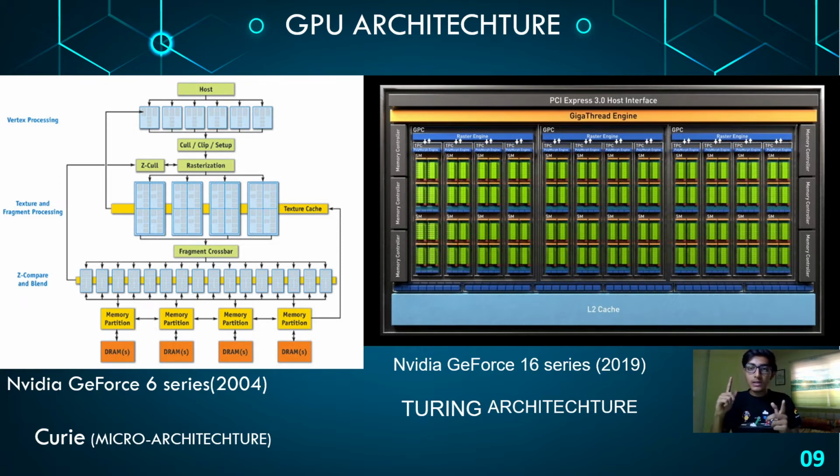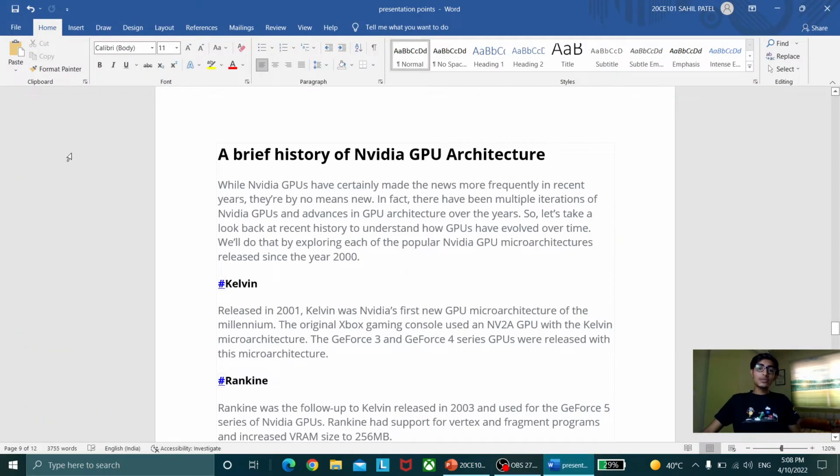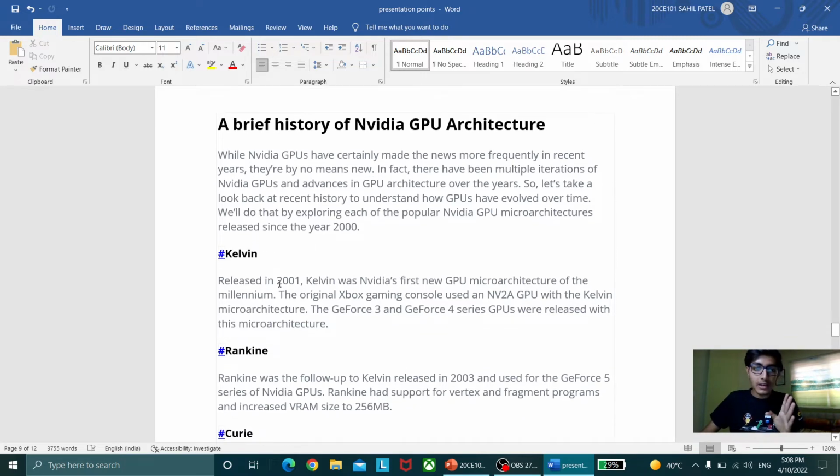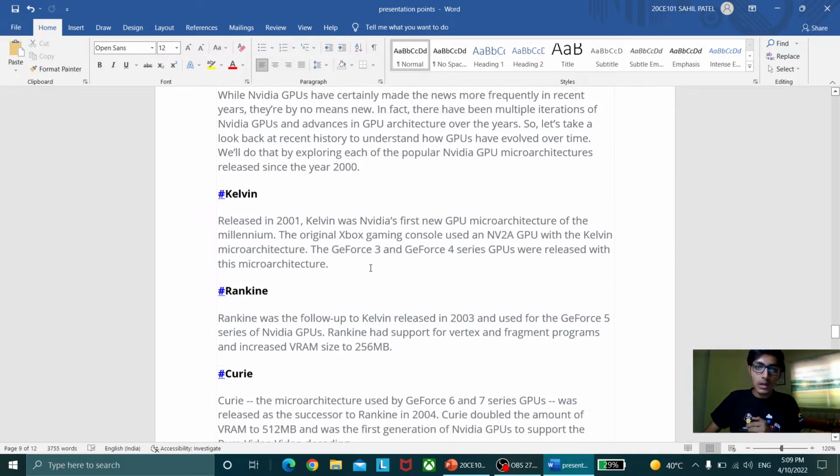So now let me switch to another source and show you the different architectures throughout the history of NVIDIA. As you can see, a brief history of NVIDIA GPU architecture. It all started in 2000, when first the Kelvin architecture came in, NVIDIA's first GPU microarchitecture, when the GeForce 3 and GeForce 4 series were released.